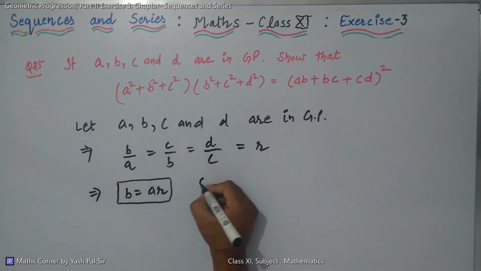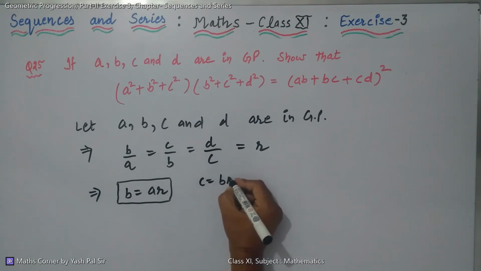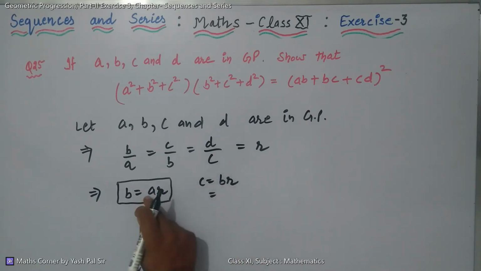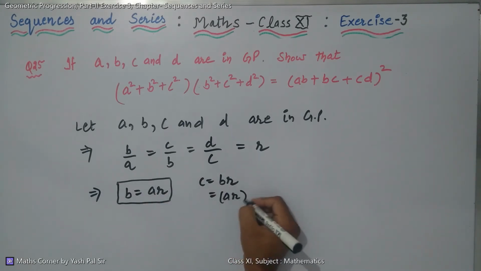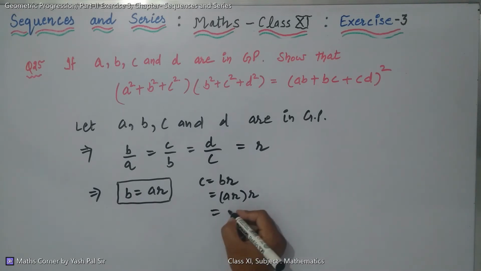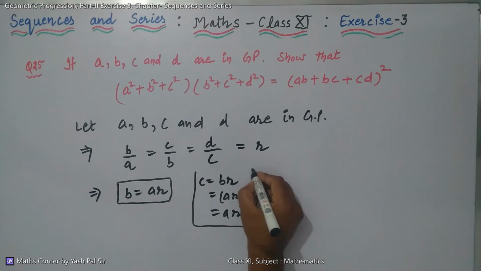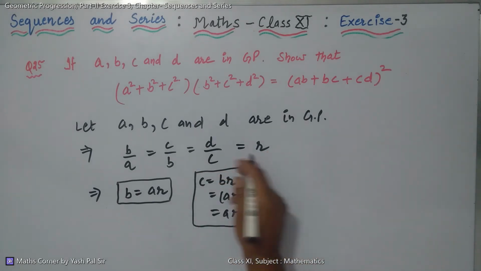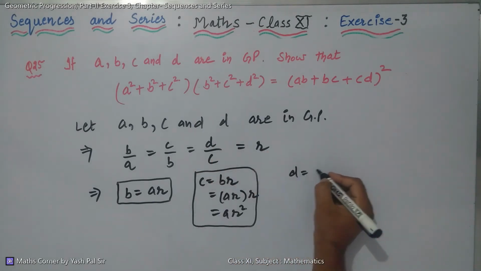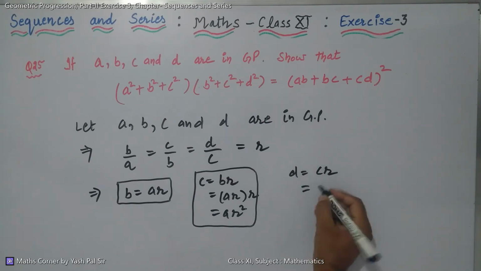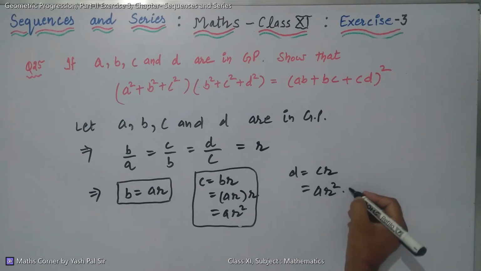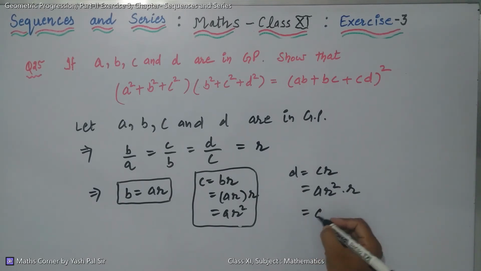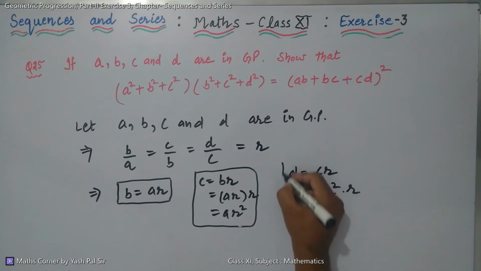Next, the value of C is BR, but substituting B equal to AR, this becomes AR square. Next, D is equal to CR. Substituting the value of C, AR square into R, this becomes AR raised to power 3.